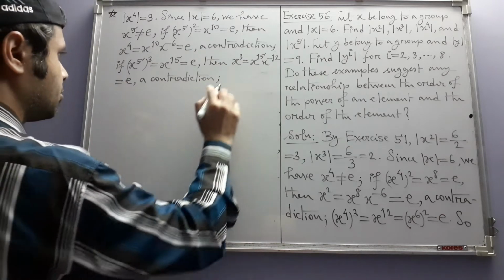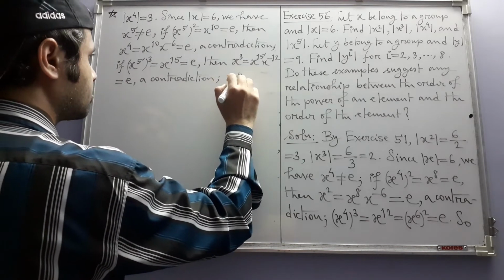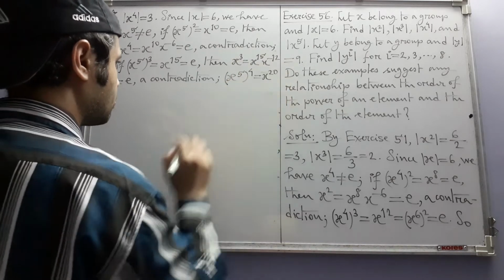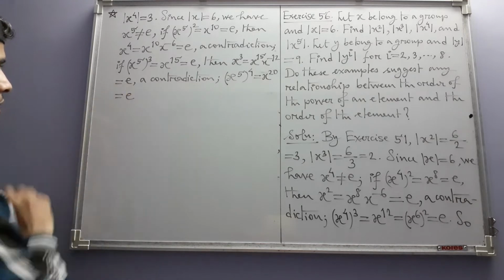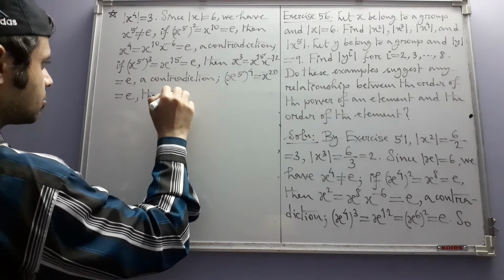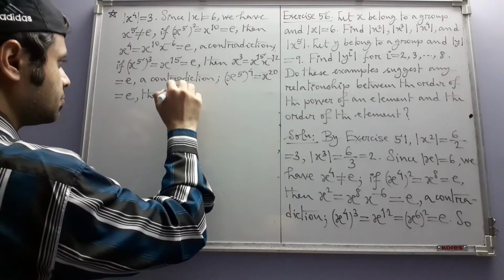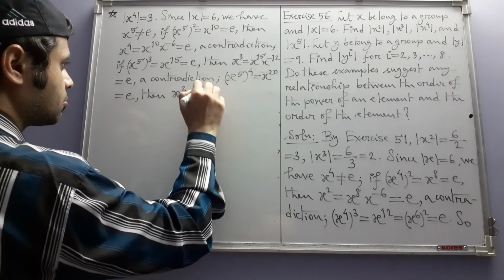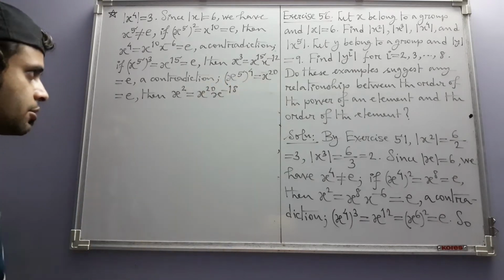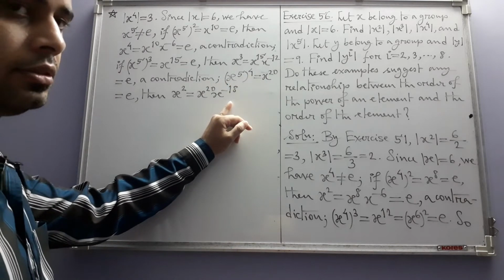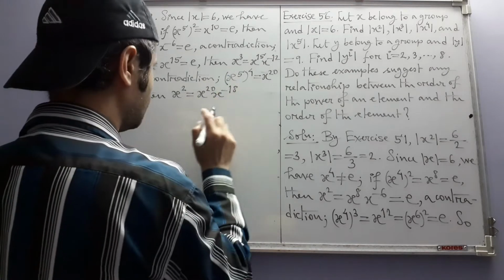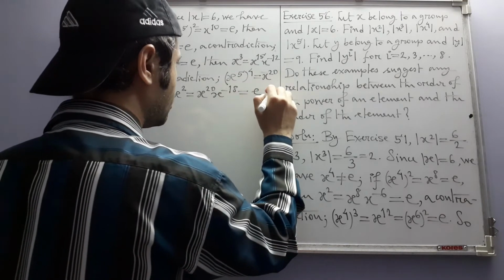Okay, so the third power is also not equal to the identity. When it is equal to the identity, then, because 6 times 3 is 18 and x to the power 6 is identity, this becomes identity and this is identity from our hypothesis. Again a contradiction.